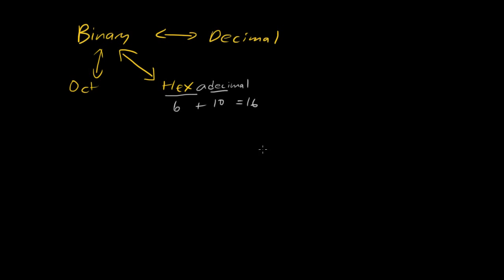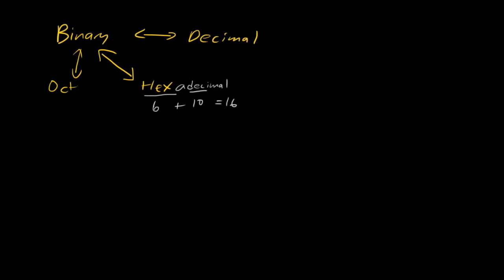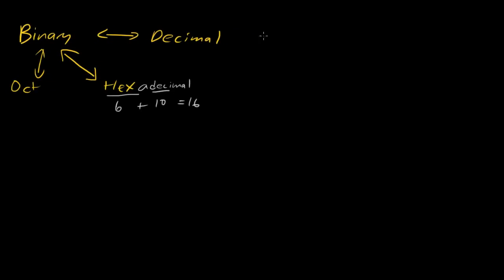Huzzah. Okay, so in hexadecimal, let's just kind of go to the side over here, get some room here. We have 0, 1, 2, 3, 4, 5, 6, 7, 8, 9, 10. Oh, sorry, not 10.